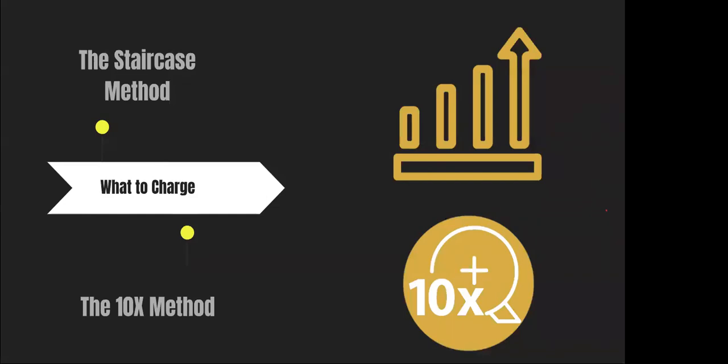And the reason is that businesses are much more likely to give you more money if they've already given you money, and much more likely to give you a smaller amount of money before they give you a larger amount.